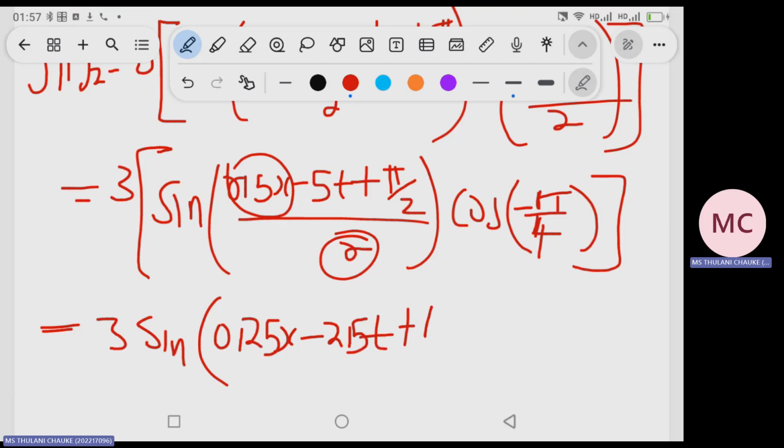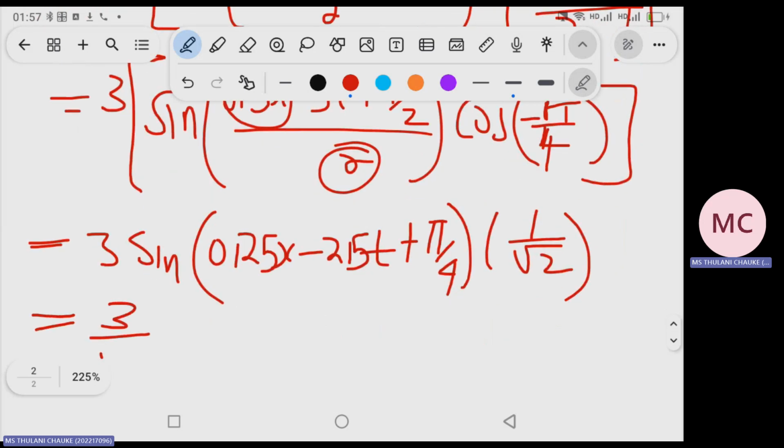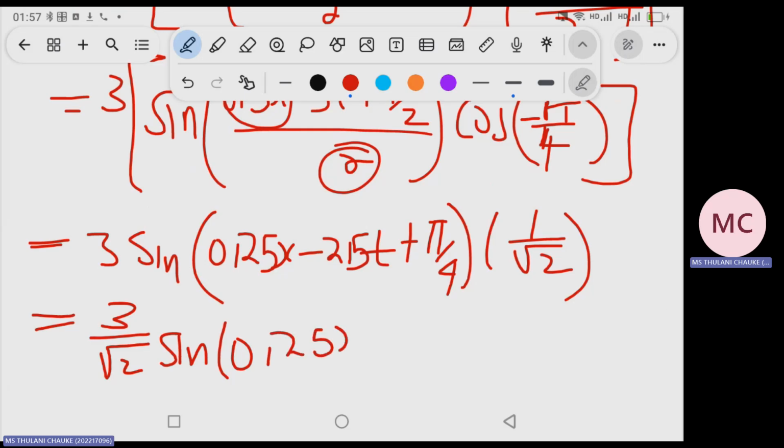Then this one will be plus pi over 4. Then the cosine of negative pi over 4 will give us 1 over root 2. Then we simplify this, we'll get 3 over root 2, the sine of 0.25x minus 2.5t plus pi over 4.